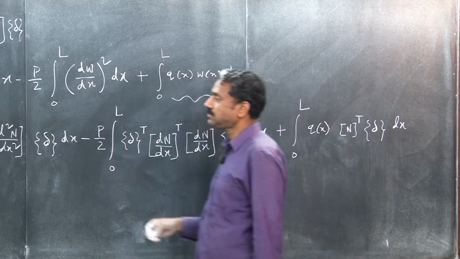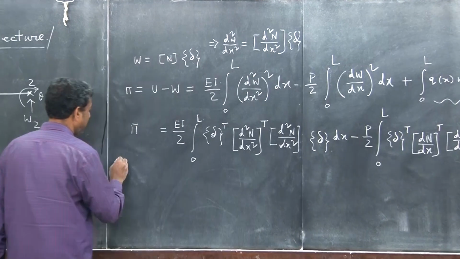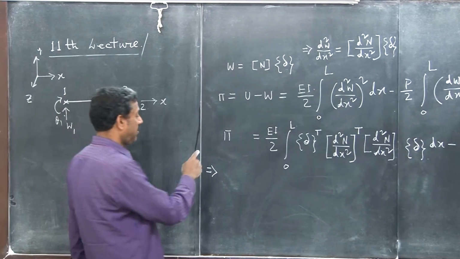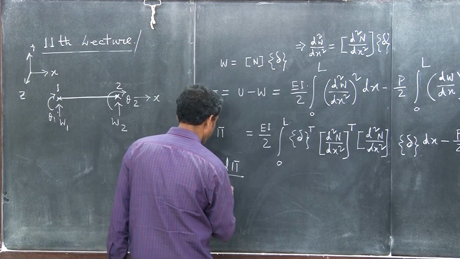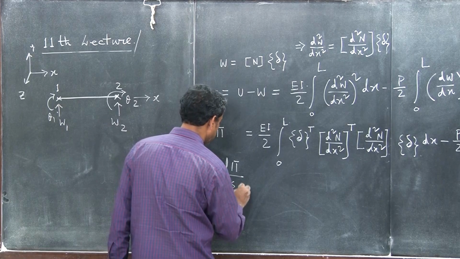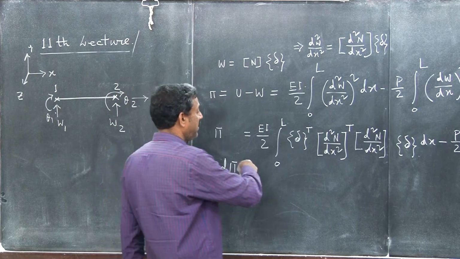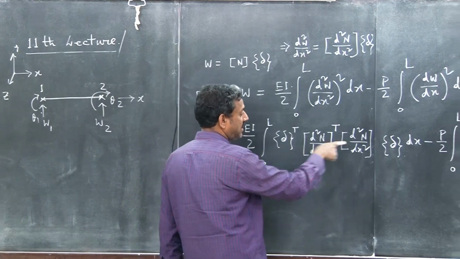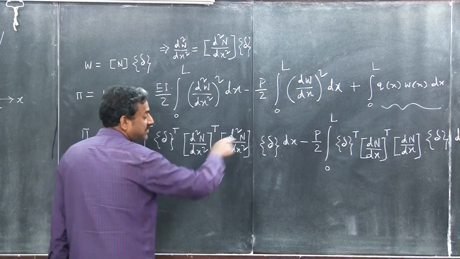Now, we always try to minimize the potential energy, right? So what I am going to do? I am going to minimize del pi. What is my nodal displacement? Delta, right? Just delta nodal. So differentiating, there are 2, so 2 will cancel out, delta transpose delta.